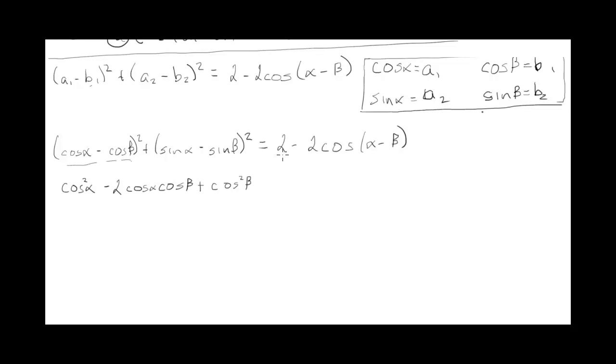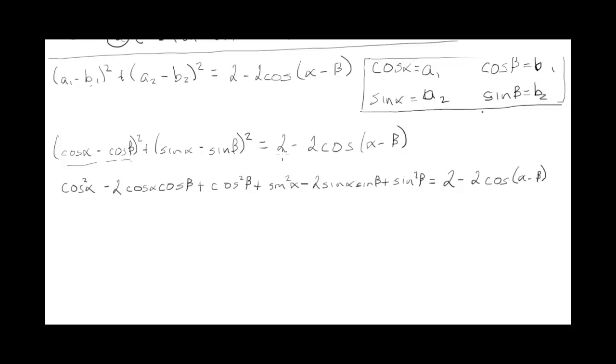If I expand that one, I get sine squared alpha minus 2 sine alpha sine beta plus sine squared beta. And that's equal to 2 minus 2 cos alpha minus beta.